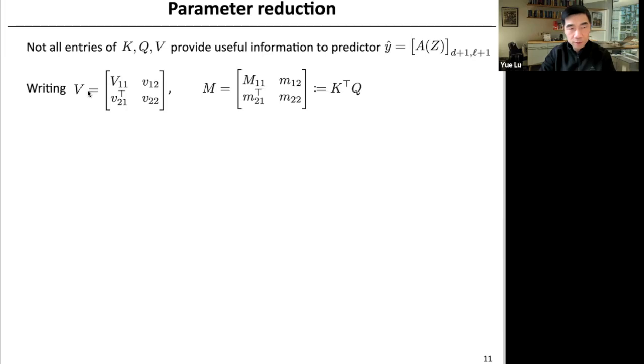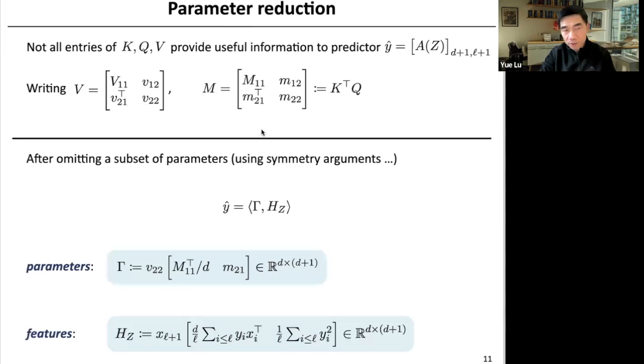First of all, we're going to write the value, key, and query matrices in block form. And after some simplification, which I don't want to go into the details of, we can convert this problem into a linear setup. Here we have combined the key and query matrices into a single trainable parameter.